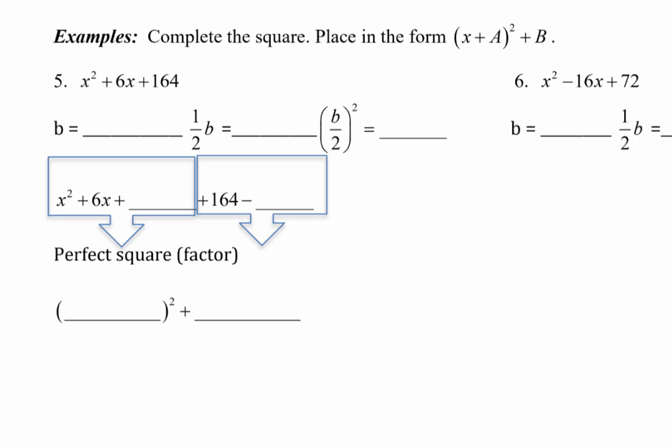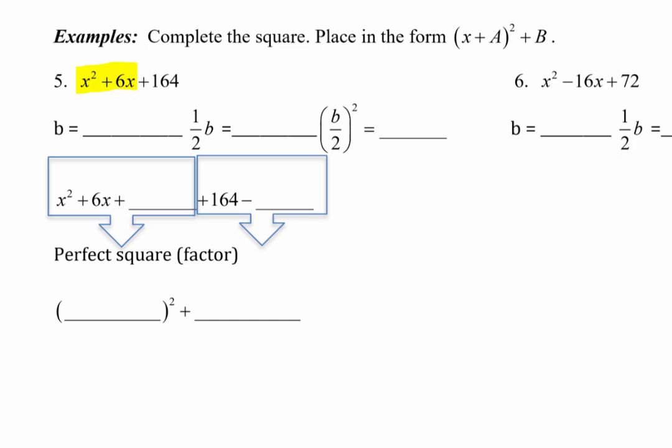So here's what you're going to do. You're going to look at the first two terms, x squared plus 6x, and ignore the 164 for a minute. You're going to look at the 6x, and that's going to be your b. And you're going to figure out what term is needed to complete the square with the x squared plus 6x.